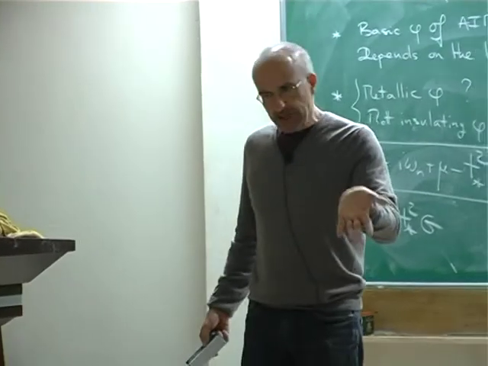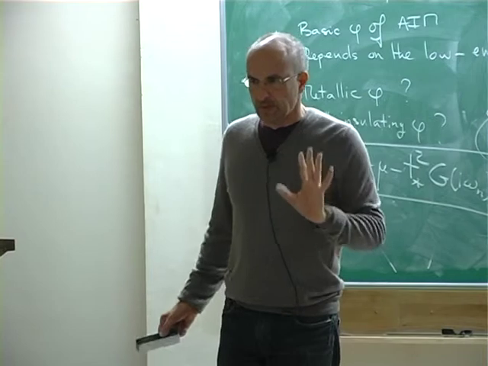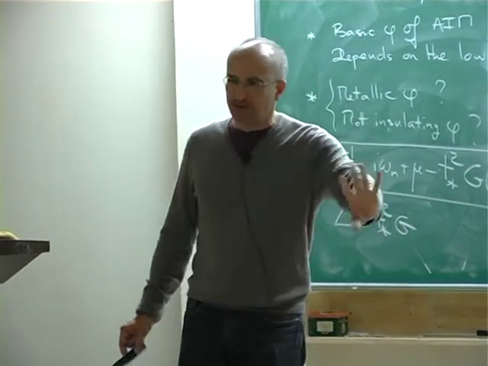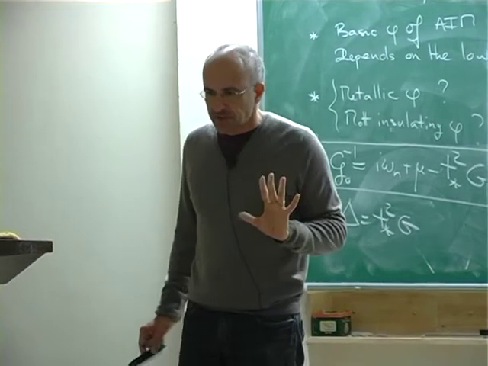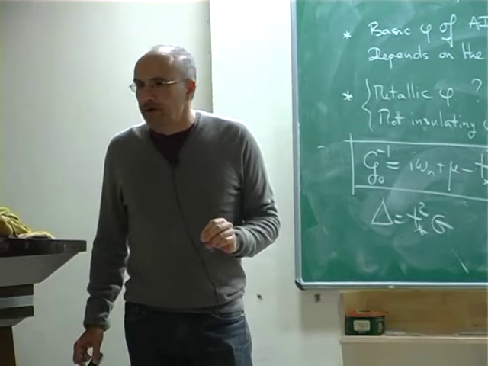The hybridization has just to be proportional to G itself. And while doing that, I've also derived for you the DMFT equations explicitly. Any questions on this?